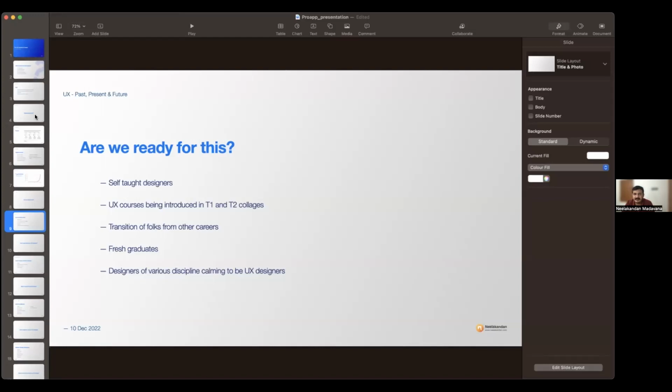I see that there are a number of categories of people who come into this user experience field because of the demand right now.